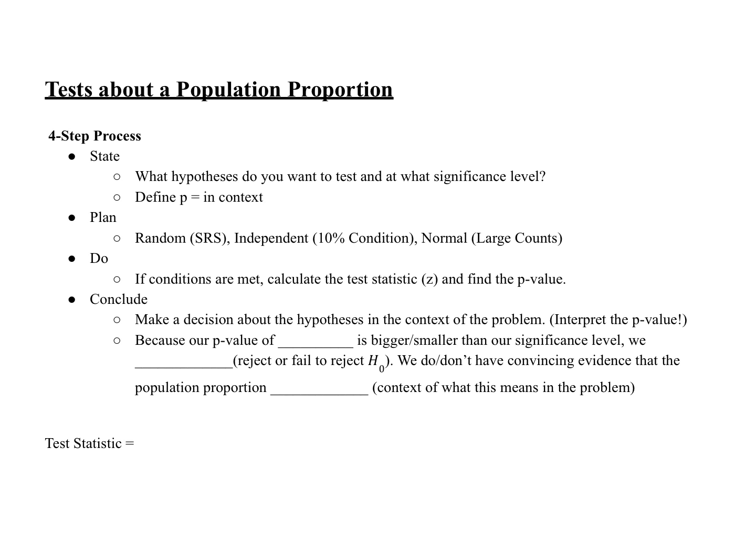Secondly, you're going to check your conditions: random, independent, and normal, the same that they've been for proportions in the previous section and in chapter 5. Next, you're going to calculate your test statistic so you can find your p-value. And then lastly, you're going to compare that p-value to alpha to make a decision, whether or not you're rejecting or failing to reject, and then write your sentence.